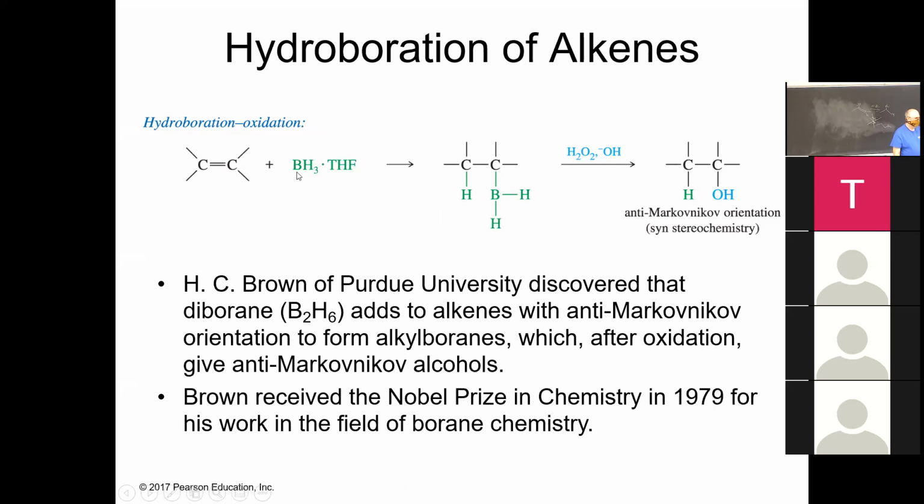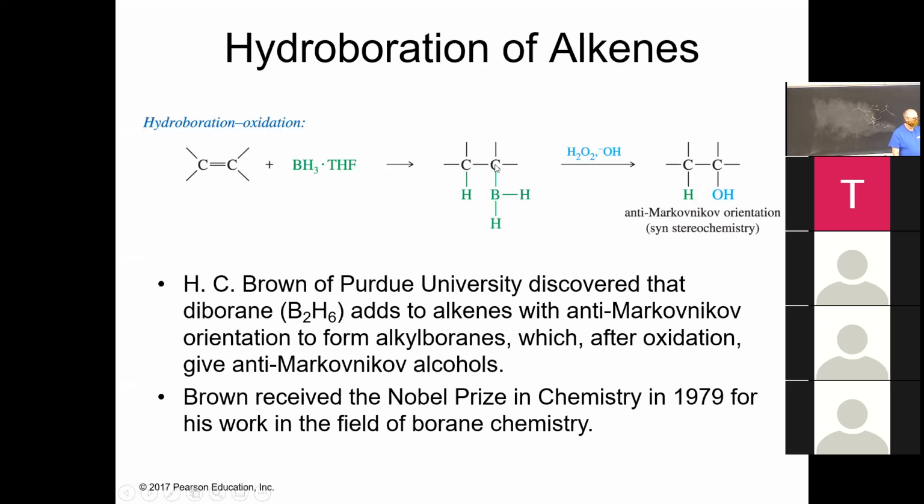Here, the electron deficient atom is not a hydrogen, it's a boron. Boron actually is less electronegative than hydrogen, so the hydrogens won't be partially positive, they'll be partially negative. And then boron only has 6 valence electrons, so it's a good electron pair acceptor.